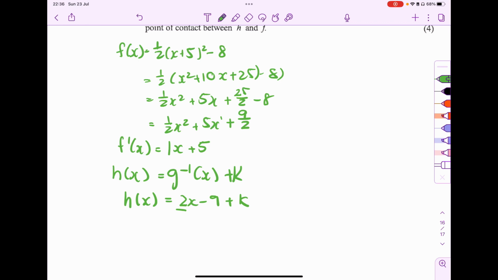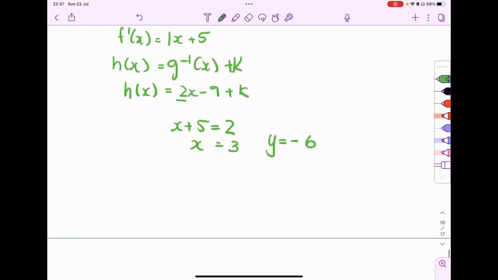So therefore, we equate x plus 5 to 2. Here we get x is 3. And then now we can just substitute x is equal to 3 back into this line, f of x. And you should get that y is equal to minus 6.